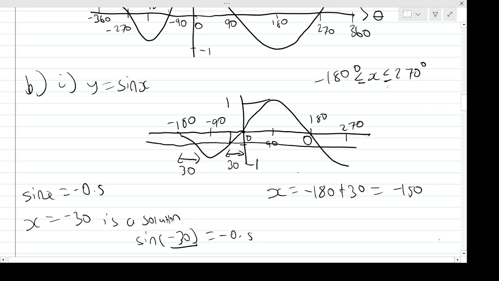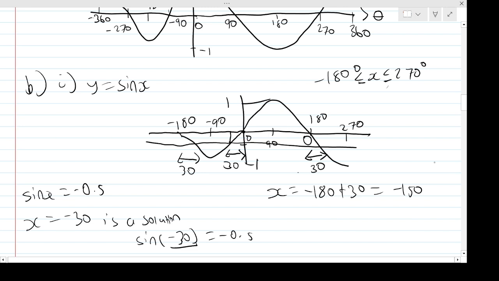Okay. So again, the same sort of idea of the gaps. The gap between this minus 30 and 0 there is going to be the same gap between 180 there and this intersection there. In other words, this gap there.